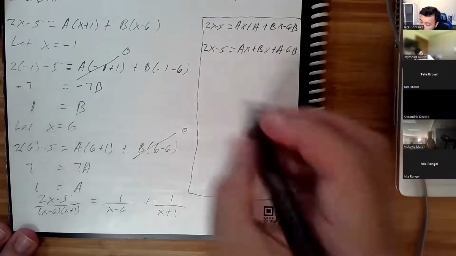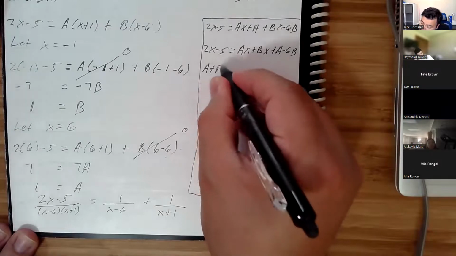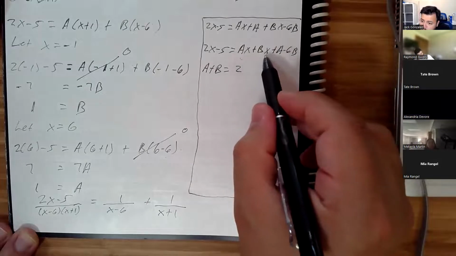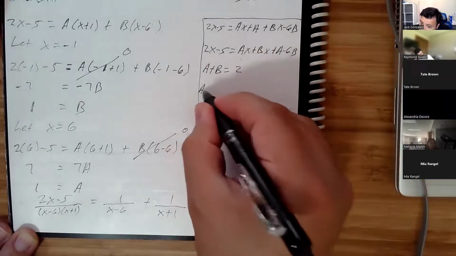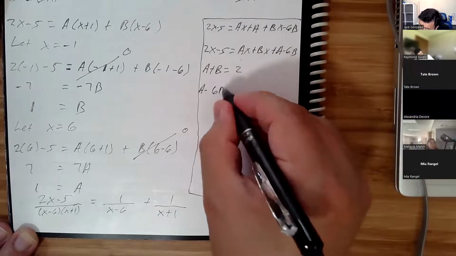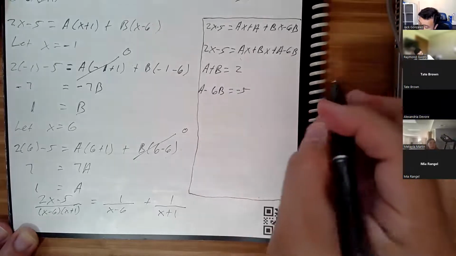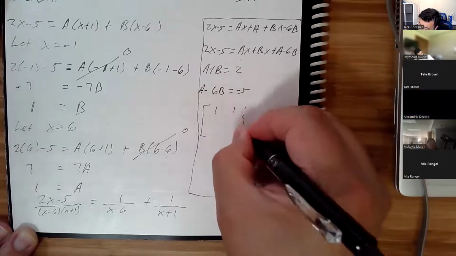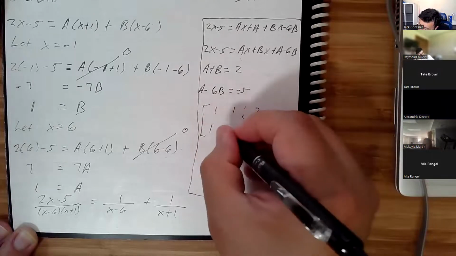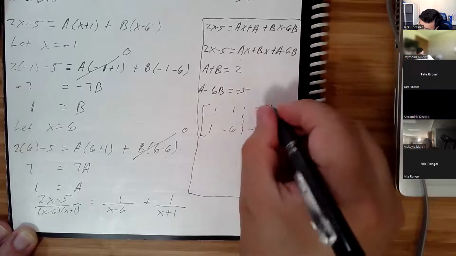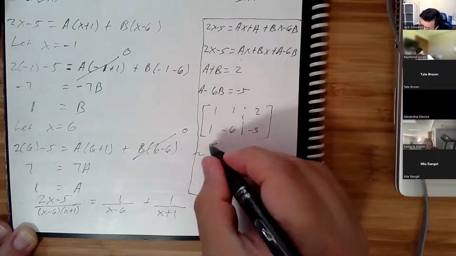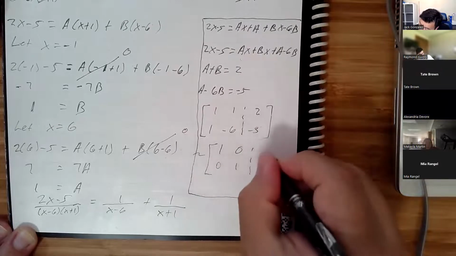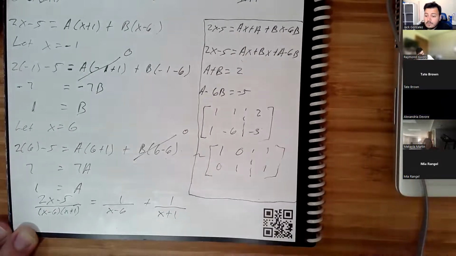Create your system. That'll be a plus b equal to 2 for the x terms, and a minus 6b equal to negative 5. So create your matrix. That'd be 1, 1, 2, 1, negative 6, negative 5. Then you would have solved it whatever way you wanted to. You would have got to here.